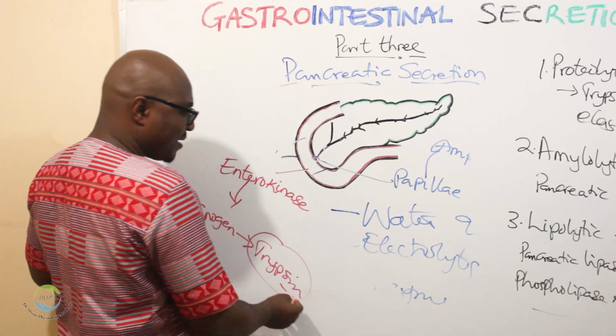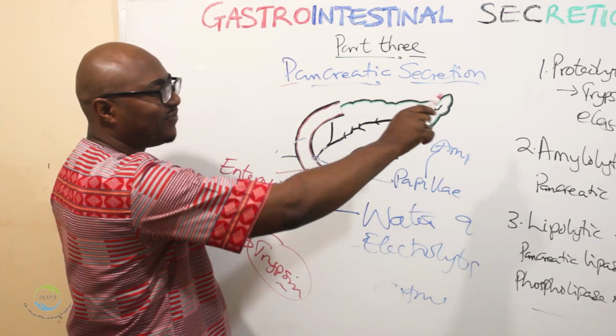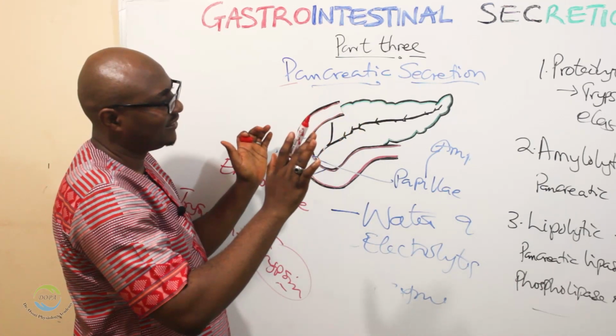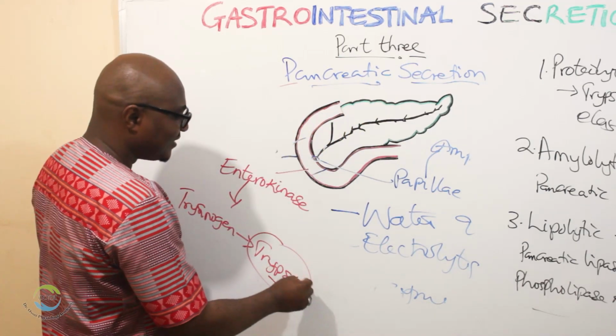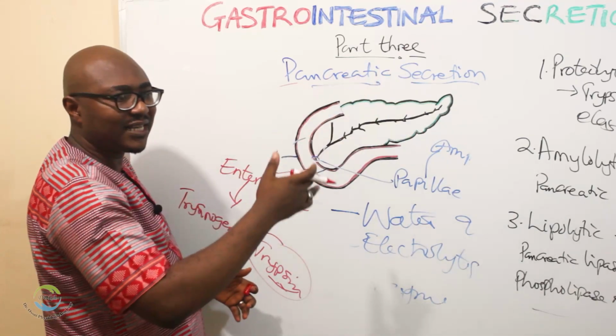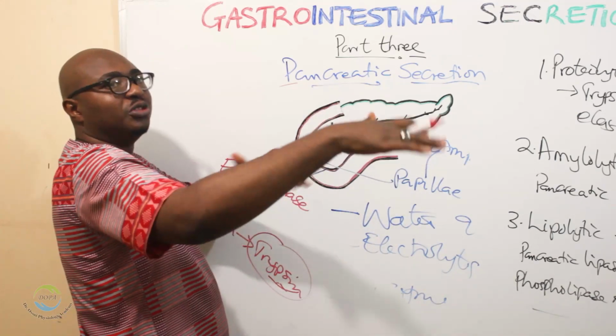Then active trypsin further goes and activates its brothers or sisters. So trypsin is also an activator. It activates other inactive enzymes and even activates other trypsinogens.